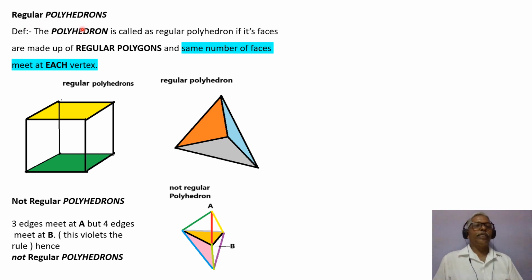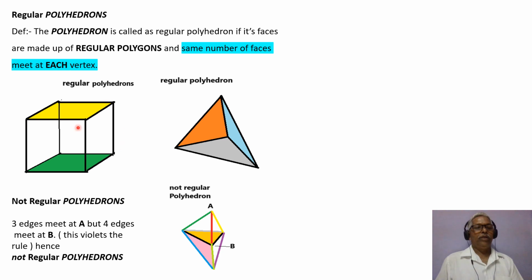Now we will see the types of polyhedrons. The first one, regular polyhedrons. We will see the definition. The definition has two parts. We will see the first part. A polyhedron is called a regular polyhedron if its faces are made up of regular polygons.